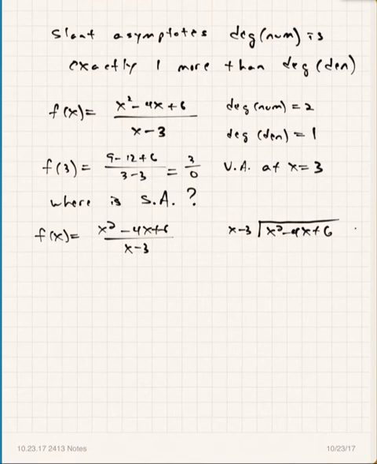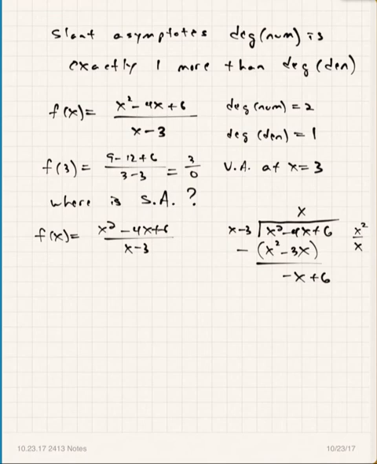So you take the x squared, the first term, and you divide it by the first term, x squared divided by x, the dividend divided by the divisor, and you get x. Then you multiply, you get x squared minus 3x. And then remember, you subtract here. So x squared minus x squared is 0. Negative 4x plus 3x is negative x.